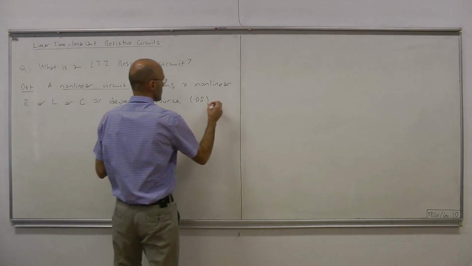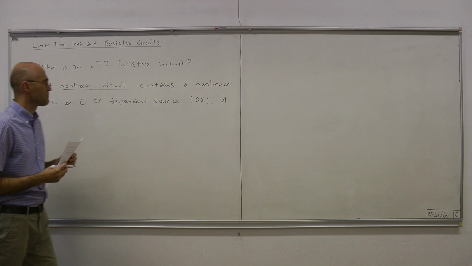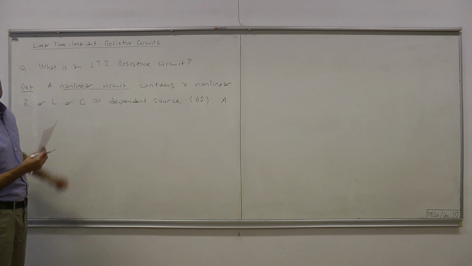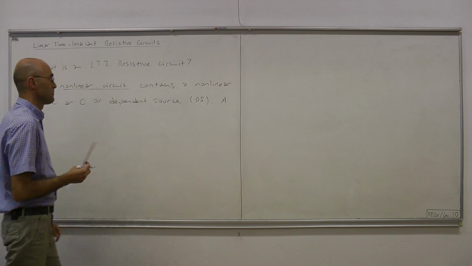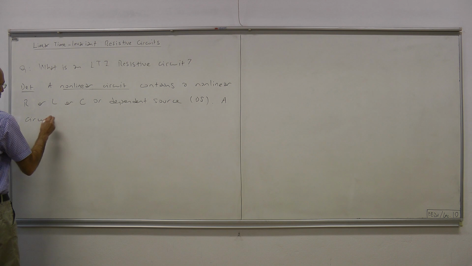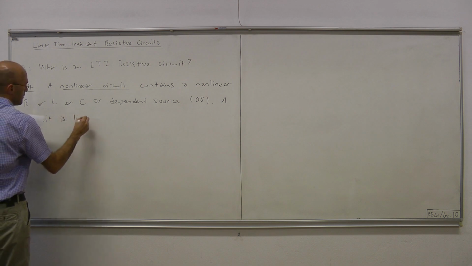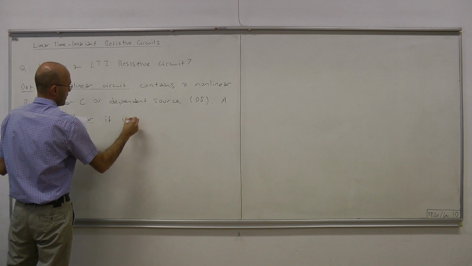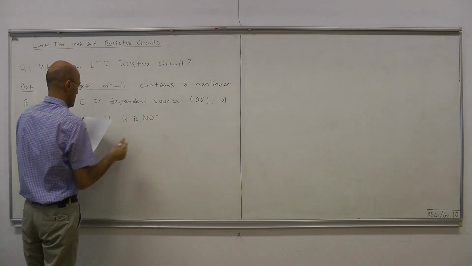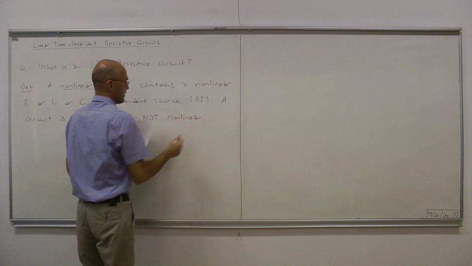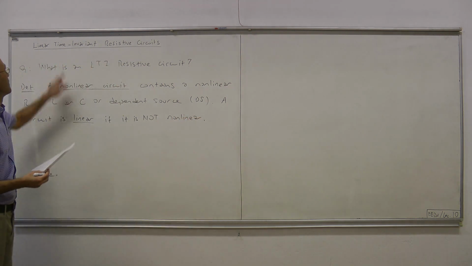A circuit then is linear if it's not a nonlinear circuit. So that's how we define the concept of linearity for a circuit. A circuit is linear if it is not nonlinear.